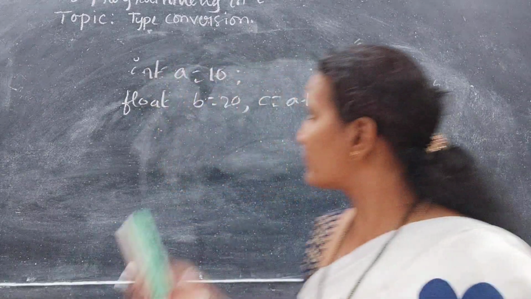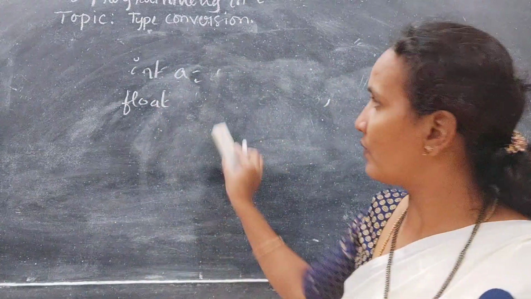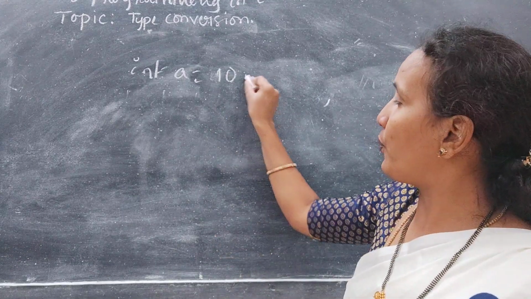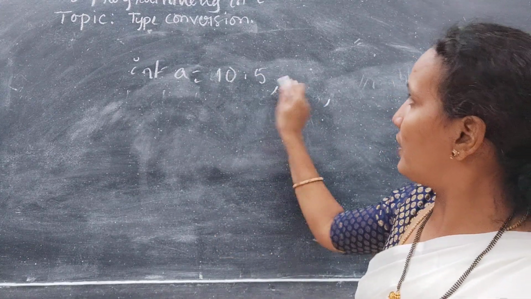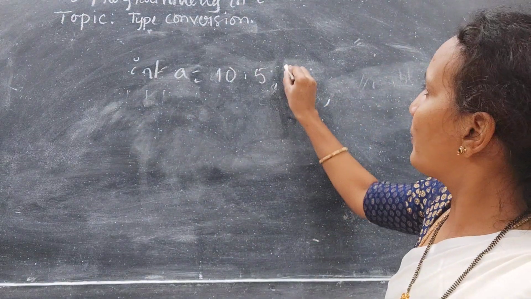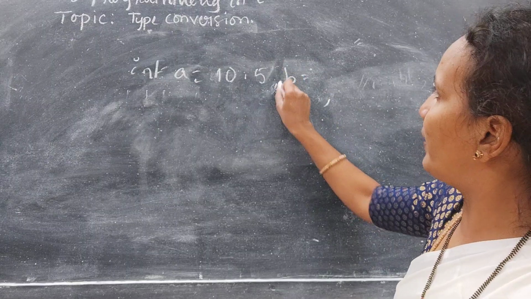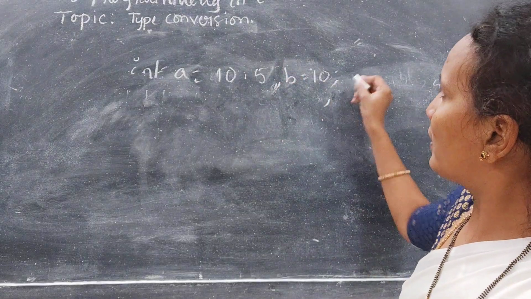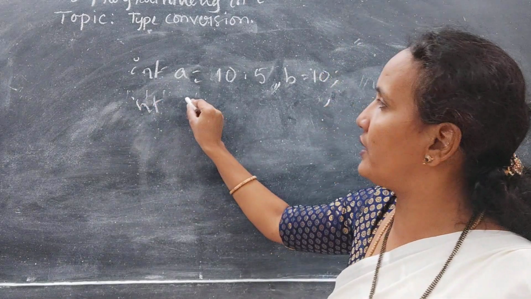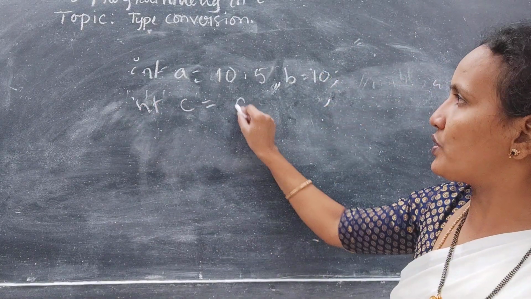Suppose here a equals to 10.5 and b equals to 10, and c is an integer, c equals to a plus b.